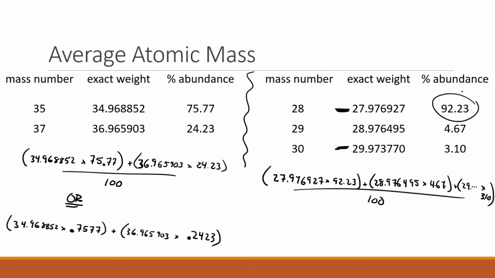We see that there's a 92% abundance of this lower one, which means my number is going to be very close to this bottom limit. If I'm averaging together 27.9, 28.9, 29.9, but there's 92 copies of 27.9, then my average is not going to go very high. It's going to stay near this lower boundary.